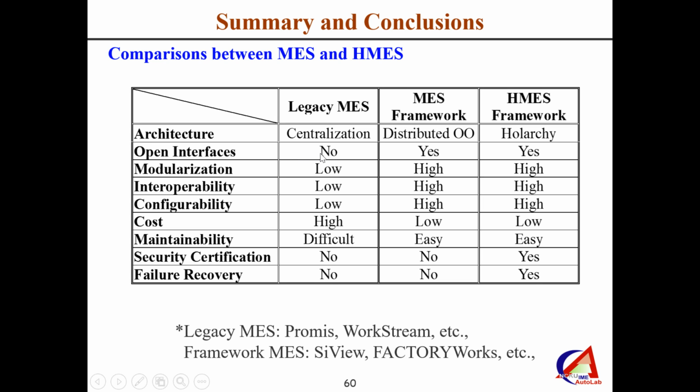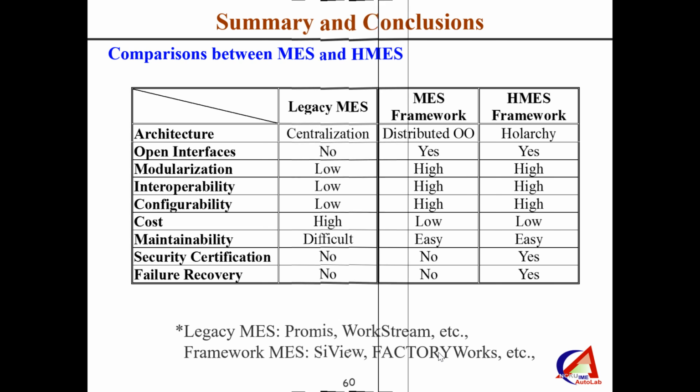So open interface is no, is yes. Modularization is yes, is high. Interoperability is high. Computation is high, right? Cost, something like that. So you just notice when you see here, legacy systems like Promis, Workstream, right? Etc. And the frameworks are SI View, FactoryWorks, etc.